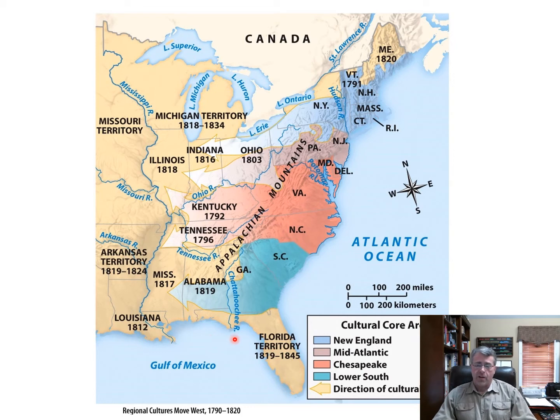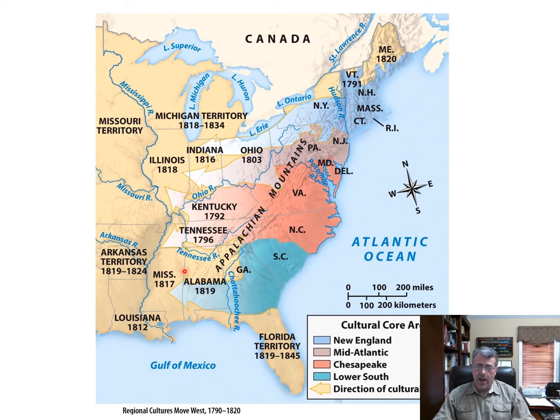So we'll see down here in places like South Carolina and Georgia, as people begin moving west into what will eventually become Alabama and Mississippi, they're taking with them their lifestyle, all of their ways, their culture as well.